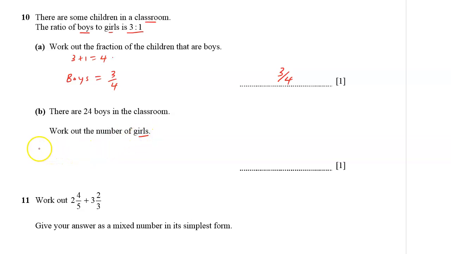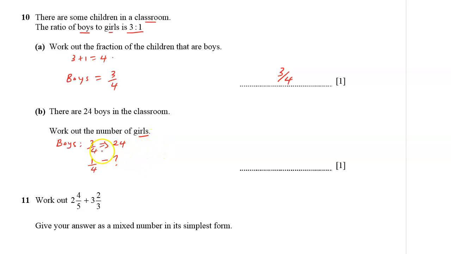We have already found that for boys it is 3 over 4, and we are told this is equivalent to 24. Then of course girls are a quarter. So if 3/4 is 24, what is a quarter?